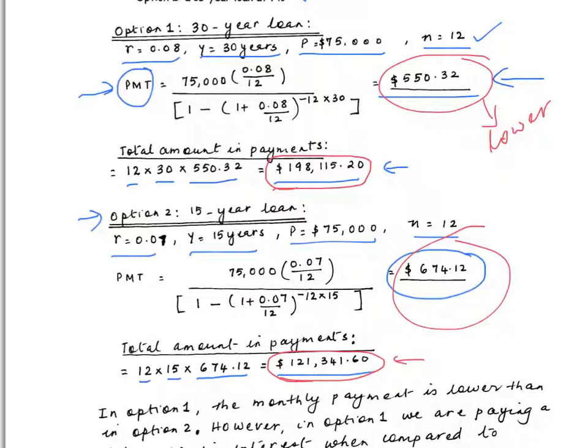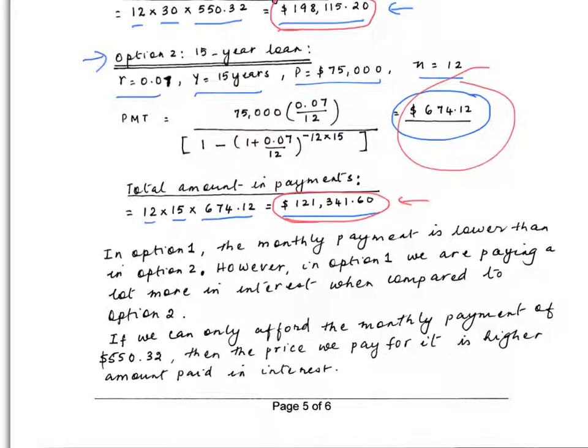So there is a cost here, but if we can afford only payments up to $550 a month, then option one would be better. So that is how we analyze the two options.